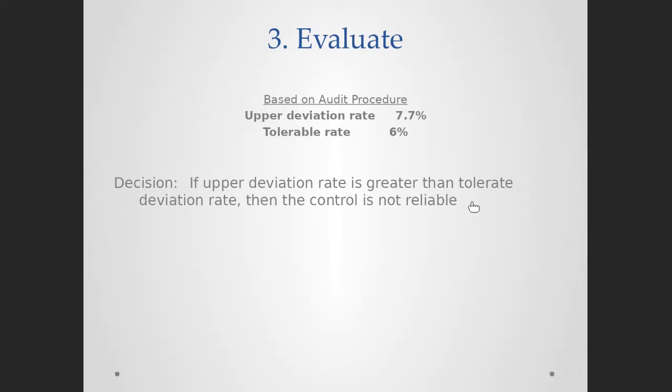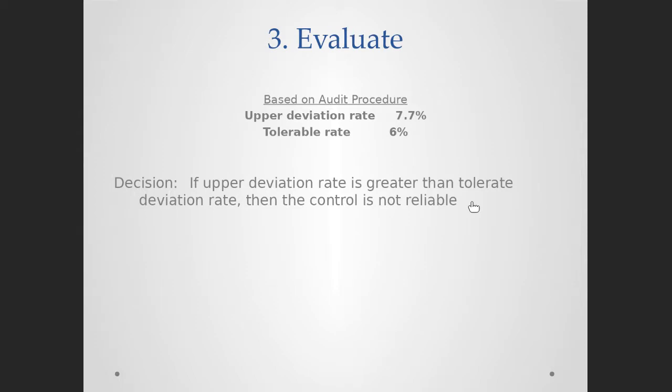Now, the statistical formulas are there as a tool and as a guide. But as an auditor, you have the flexibility to make a judgment even if certain numbers indicate certain results.